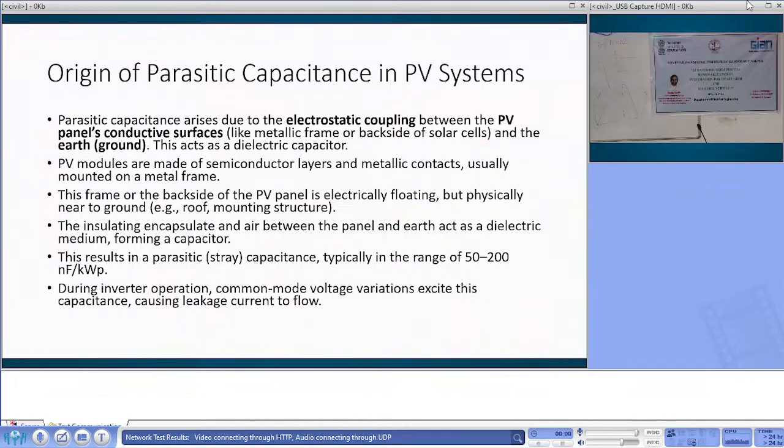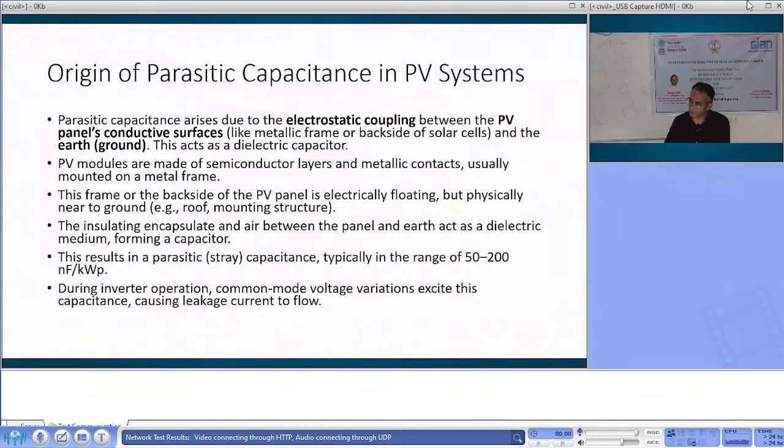Even if you ground, there is a capacitor between the cell and the panel, because this is all support, the glass and all, it is supporting the cells. So between the cell and its support there is a capacitance. That is a parasitic capacitance.